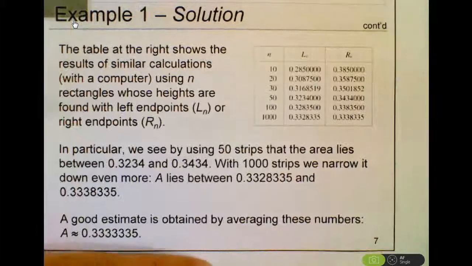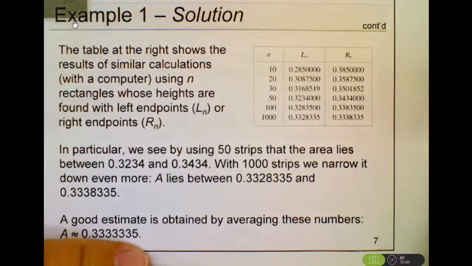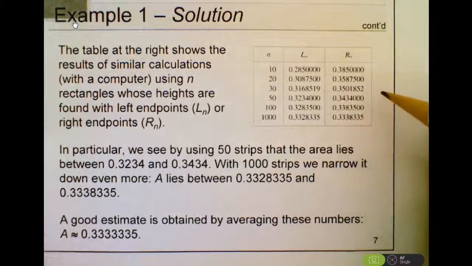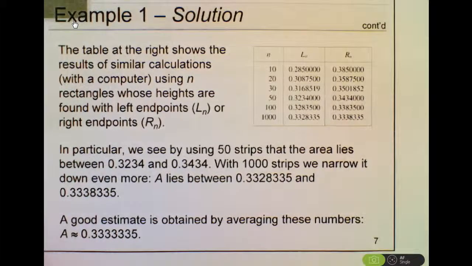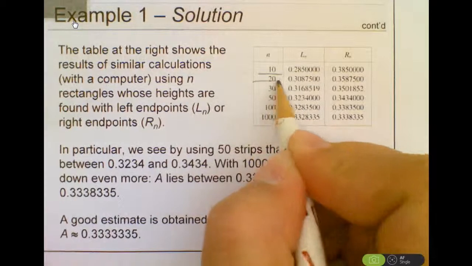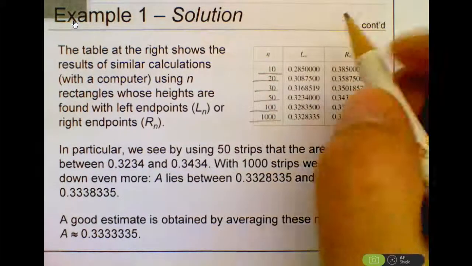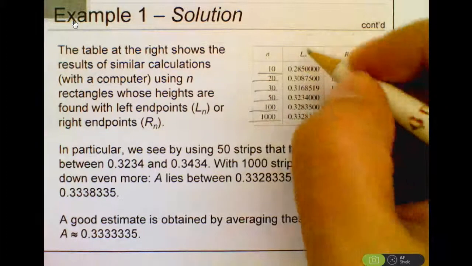So this is something that you're not going to be asked to do for different numbers of rectangles, but this is just to show you what's the point of this part. We can do the same thing with 10 rectangles, 20, 30, 50, 100, and 1,000. Now, this is a little bit of notation.